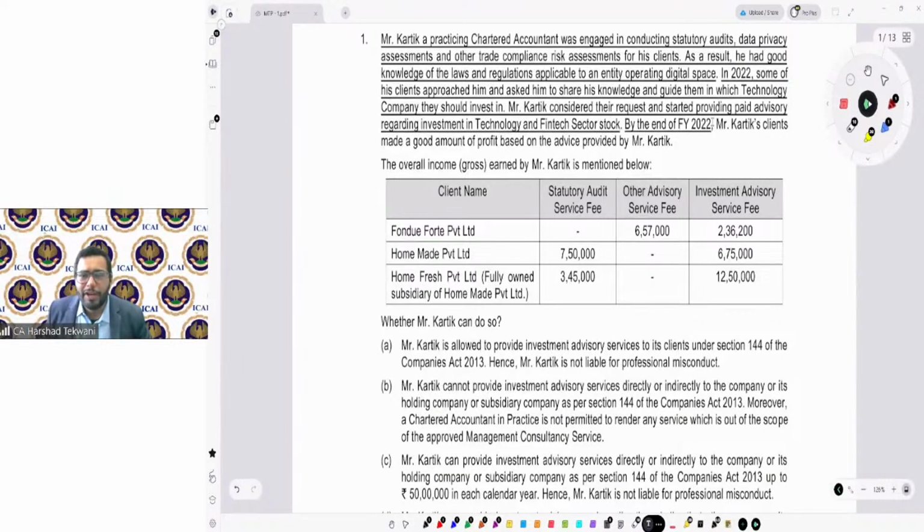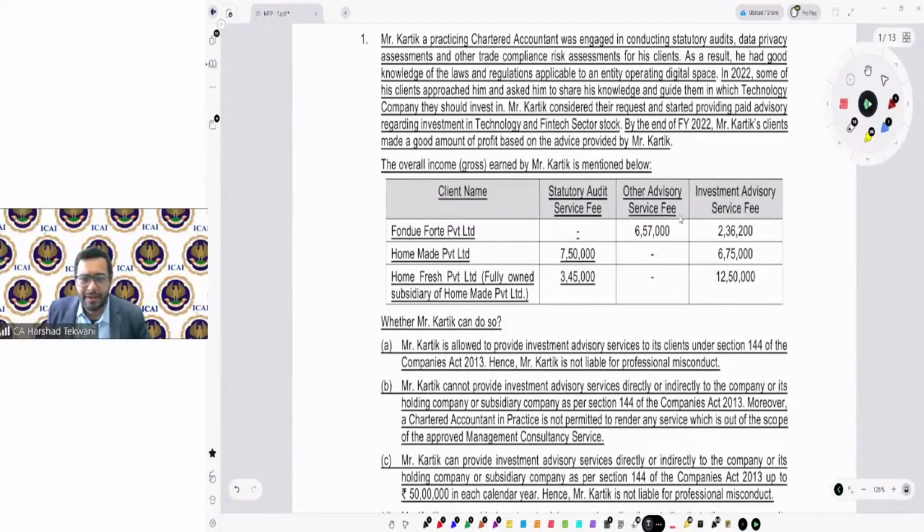By the end of FY22, Mr. Karthik's clients made a good amount of profit based on the advice provided by Mr. Karthik. The overall income earned by Mr. Karthik is mentioned below: client name, statutory audit service fee, other advisory service fee, investment advisory service fee.